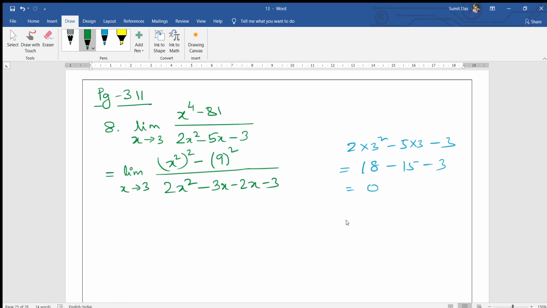Then the denominator we will write like this.